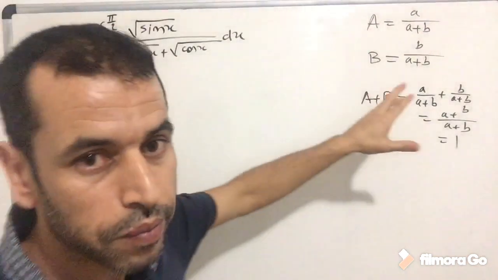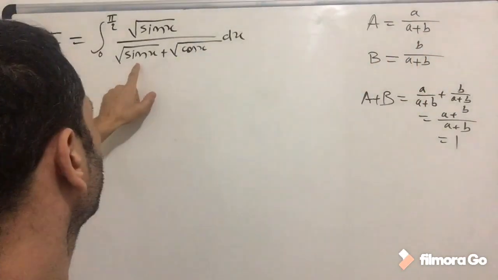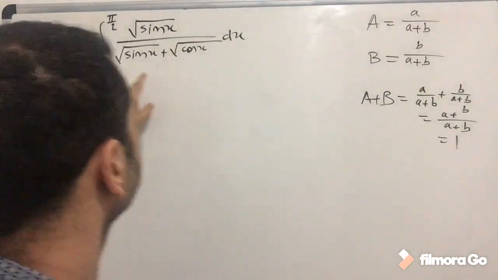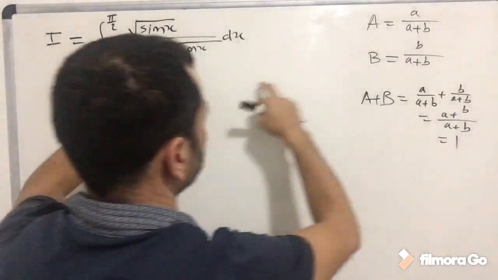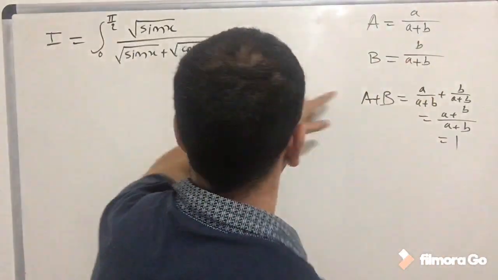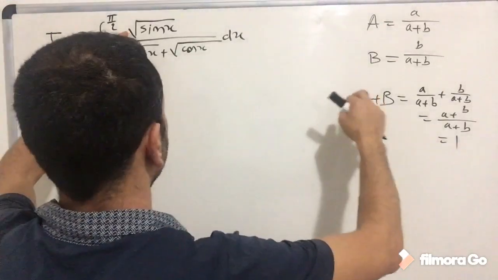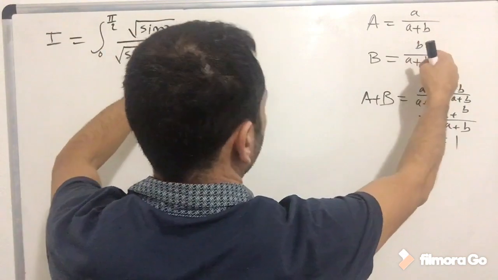In the denominator we see a plus b: the square root of sine x plus the square root of cosine x. Let's put small a as the square root of sine x and b as the square root of cosine x. On the top it's different, because we have sine x as a over the bottom, but we don't have b.